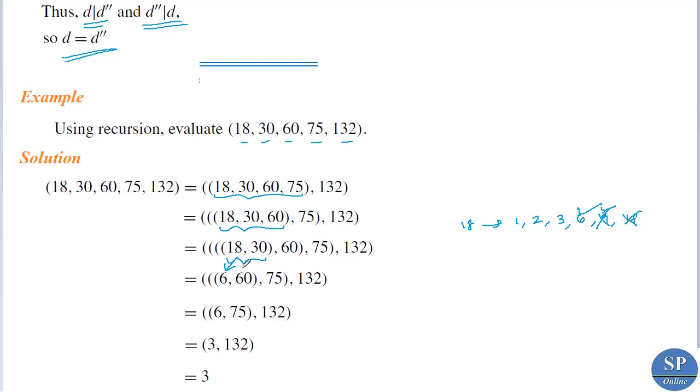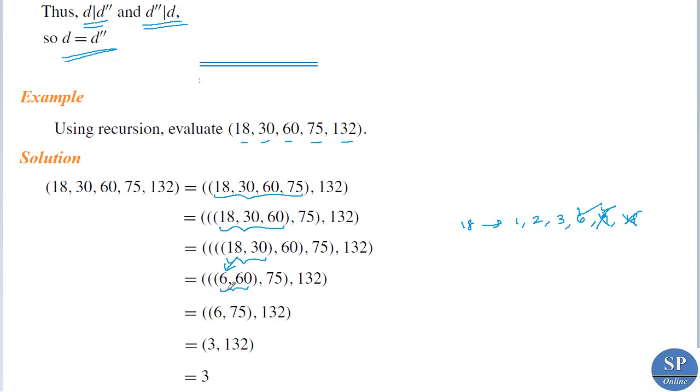Now we have to find the GCD of 6, 60, then 75, then 132. The GCD of 6 and 60 is 6 itself, because the greatest divisor of 6 which also divides 60 is nothing but 6.